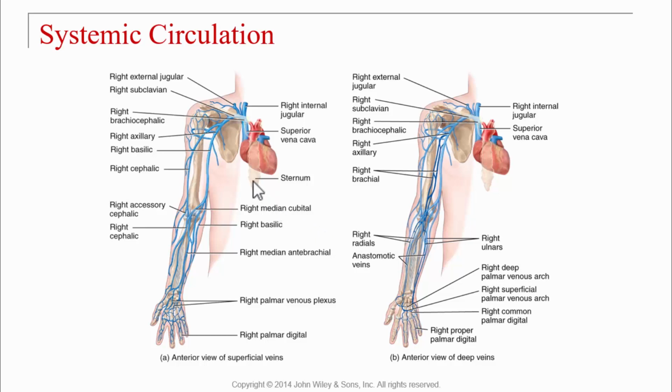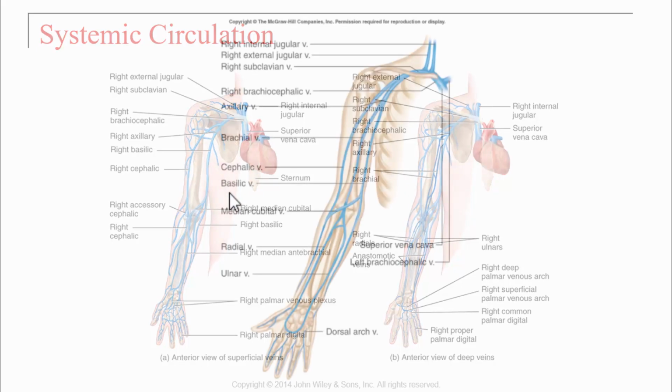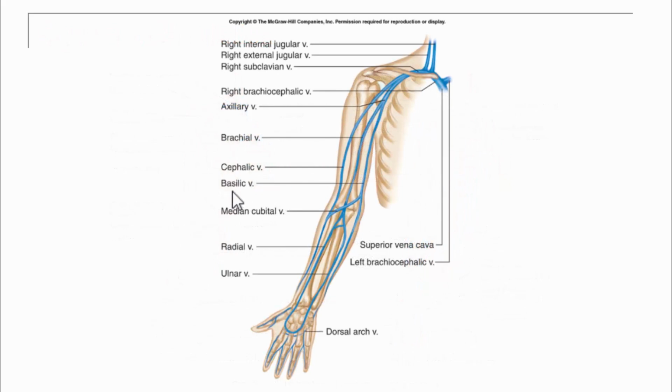Now, we do have more superficial veins and deep veins of the arm. Let me just show you a different picture, one I like a little bit better, and that's this one here. You can see that we have the subclavian vein.